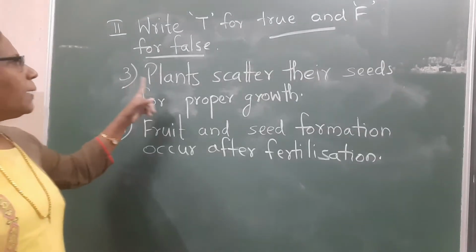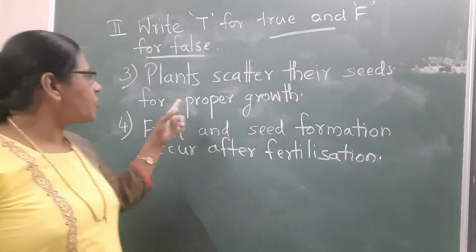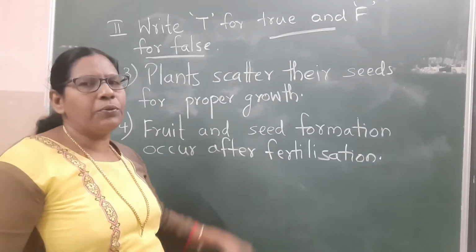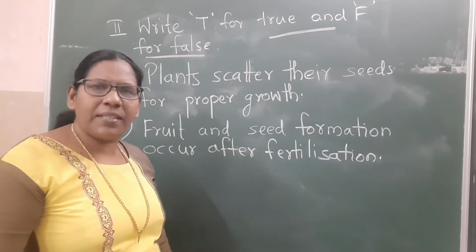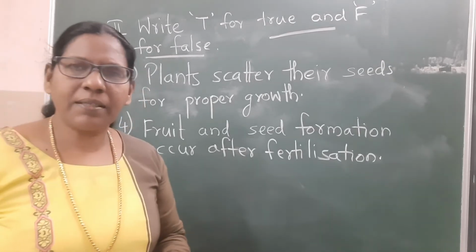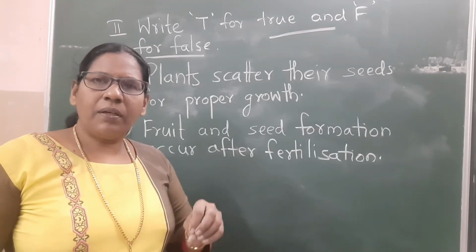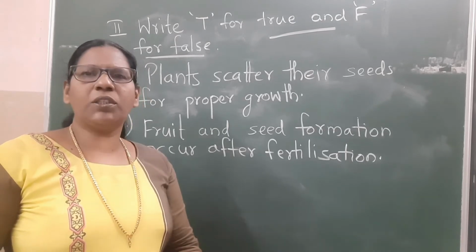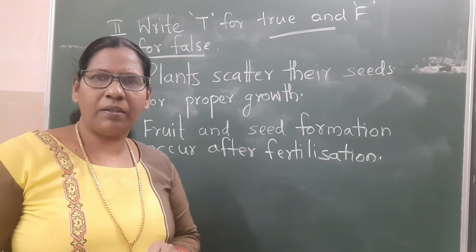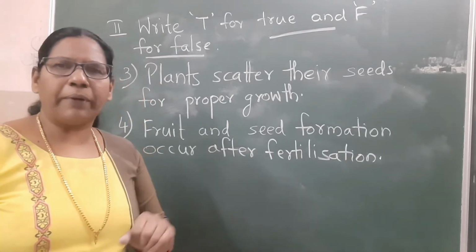Number 3, plants scatter their seeds for proper growth. We studied that for some plants, the seeds fall just below the mother plant, nearby the mother plant.